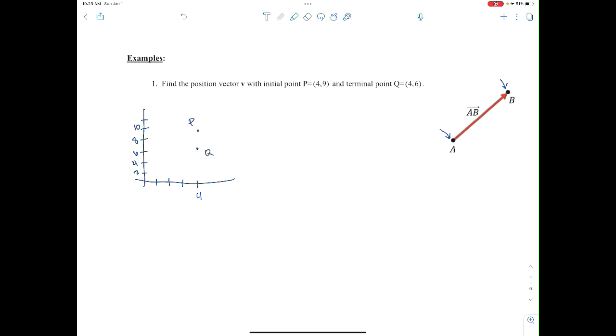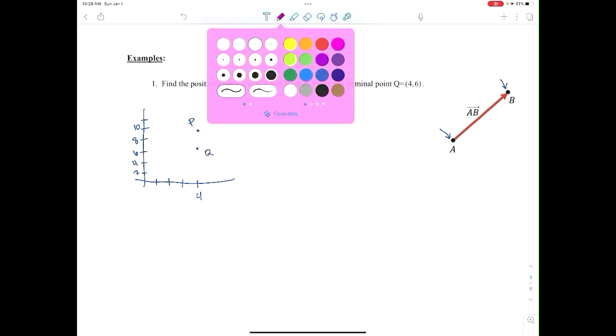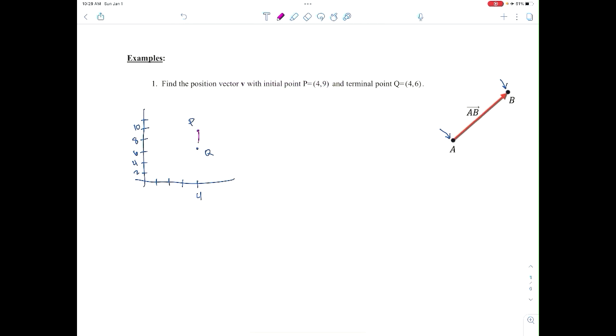So our vector is right here. And we can visually see what's happening to it, the direction it's going in, and how far.